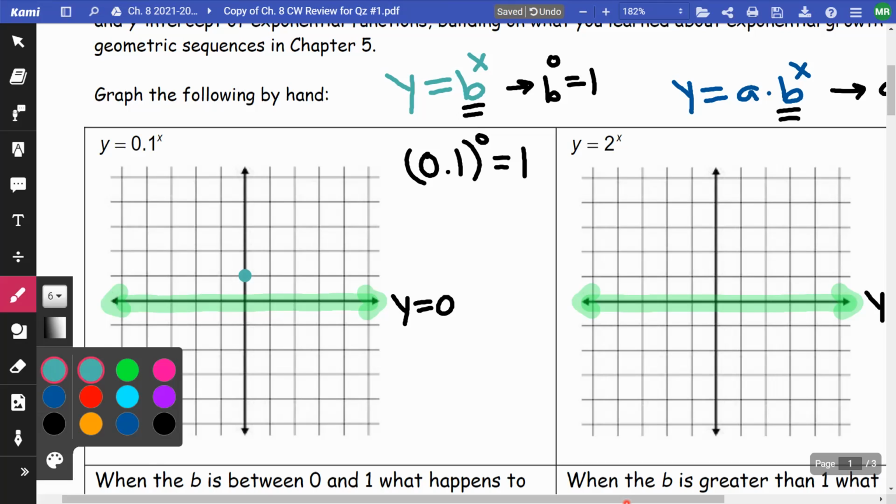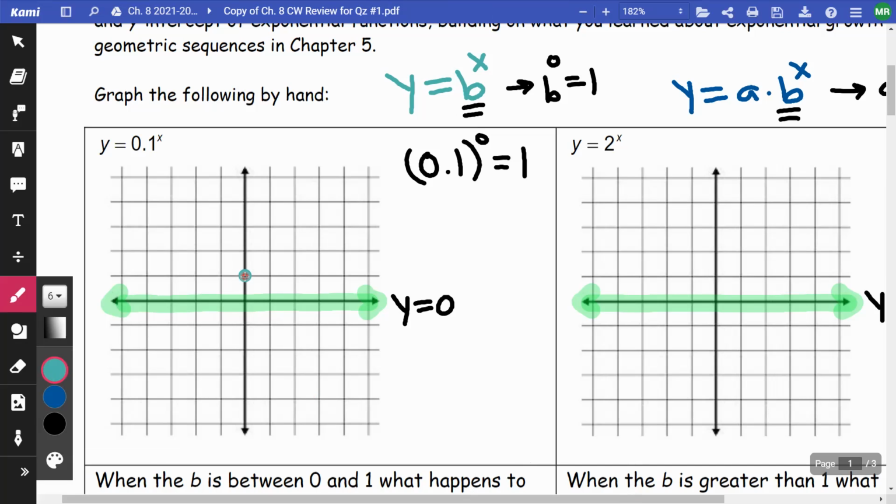Now, what's going to be happening in this situation is I'm going to be timesing by 0.1 and timesing by 0.1 and timesing by 0.1. So if I'm starting up here at a height of 1 and I times 1 by 0.1, I'm going to be decreasing. I'm going to be down here at, let's say, 0.1. I'm just going to approximate it, okay? Really close to the x-axis. And then I'm going to get smaller and smaller.